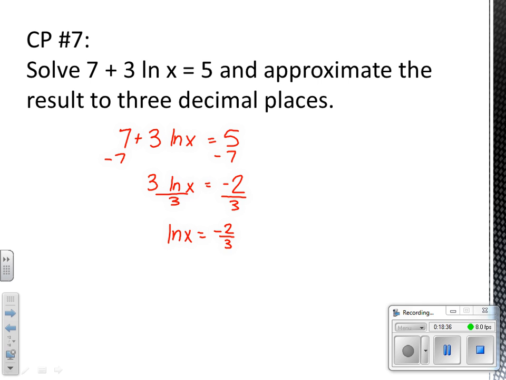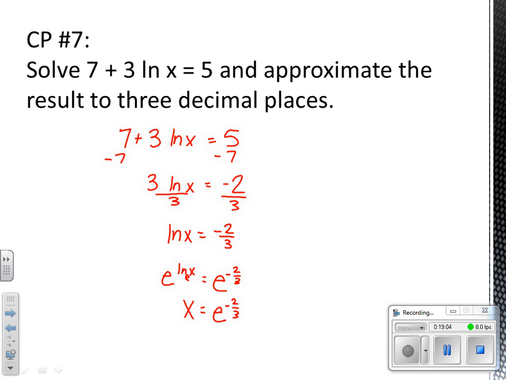Now that I've got ln of x on that side, I'm going to again pretend this is something that I got from a one-to-one property, and I'm going to work in reverse. I'm going to e to the power both sides. Because remember, if I have e to the ln of x, my value is x. Again, that's that inverse property that we've been looking at. So x is equal to e to the -2/3.